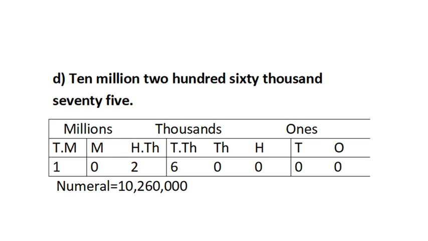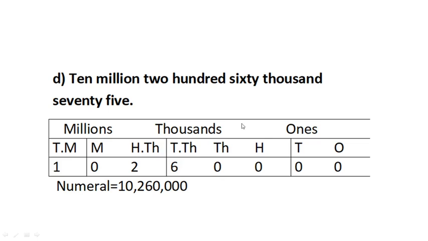Next, 260,000. First you read it again. 260, this is written here, 260,000. 260, how do you write it? This is your 260, and then it becomes 260,000.